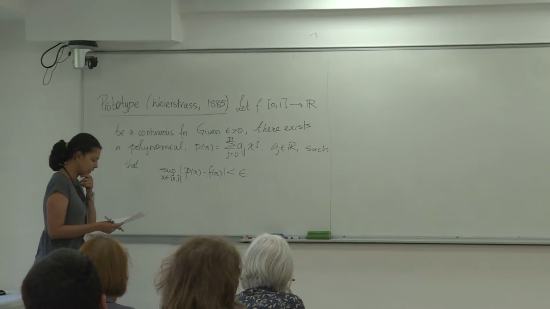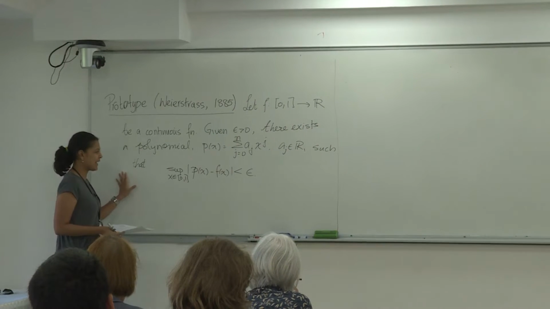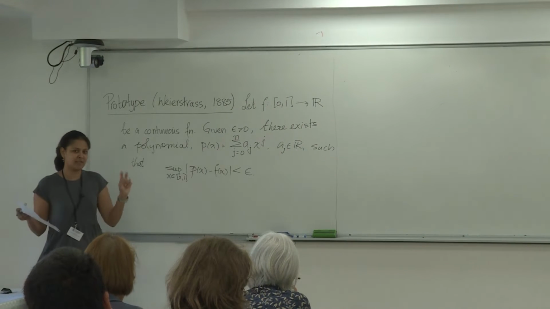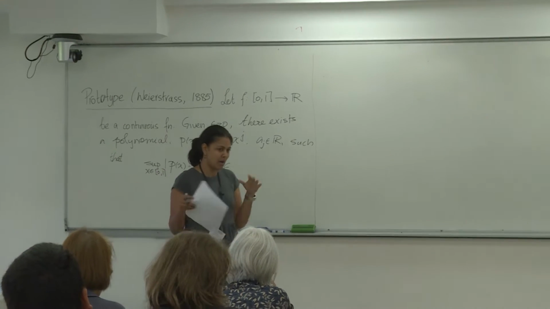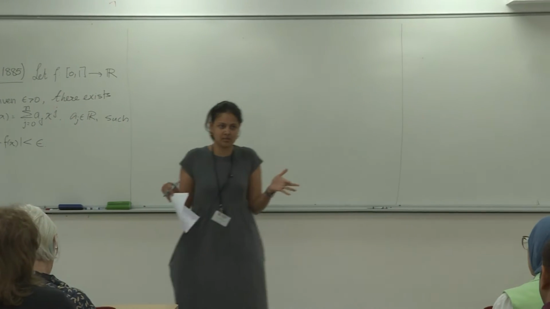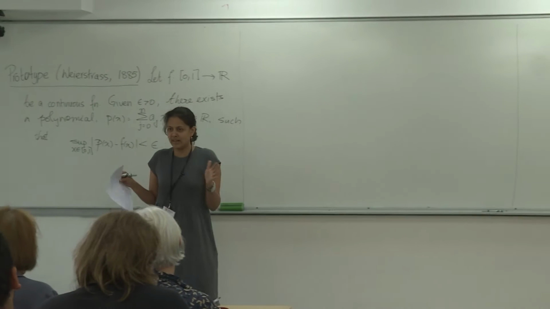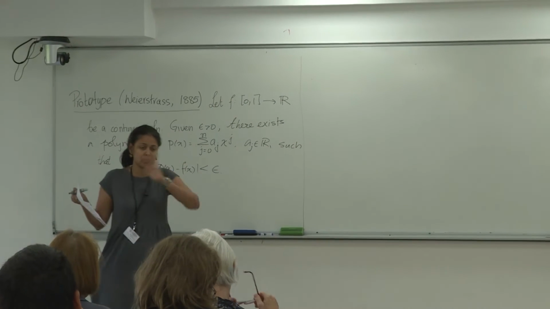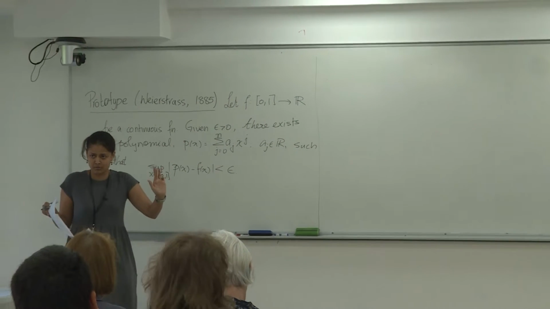So what are we going to do? Before we get into that, my first reading exercise for everybody: I'm hoping that everybody has seen this result before. If you haven't, it's important that each of you should know at least one proof. There are many proofs of the Weierstrass approximation theorem.